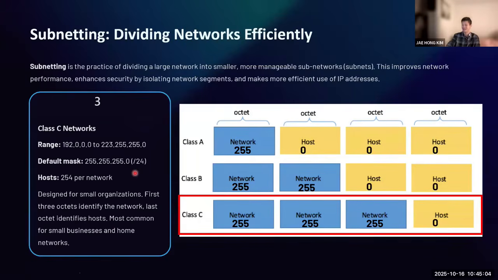Class C is the most common subnet. You might see Class C configurations many times. The subnet mask is 255.255.255.0, and this allows only 254 hosts per network. This is the most common, designed for small organizations. Even though we call it a small organization, it still accommodates more than 200 devices in one network. The first 3 octets are the network, and only 1 octet is the host.